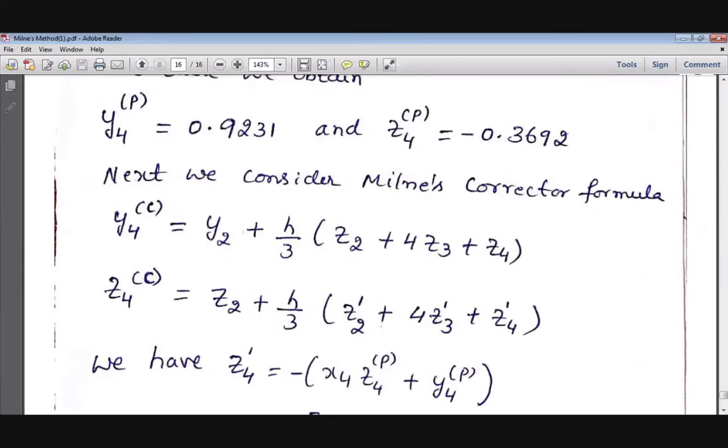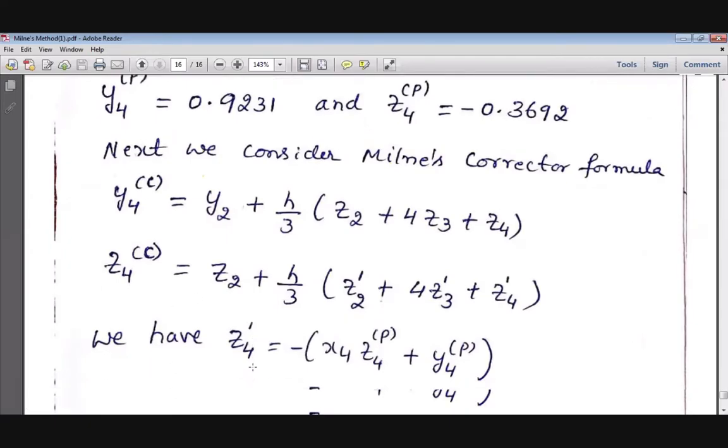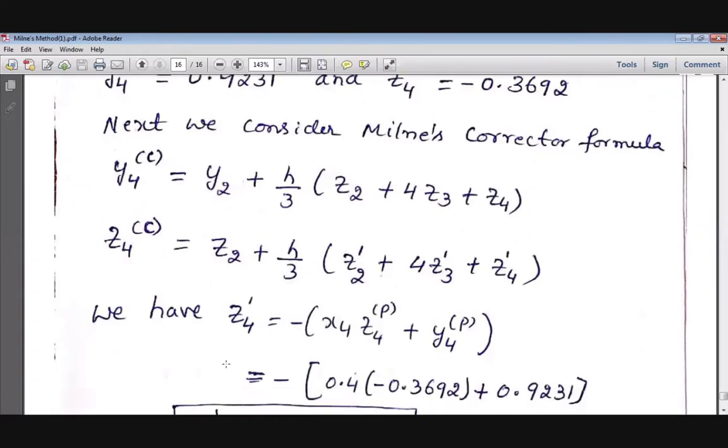Okay. So for this we need z4 dash. How to calculate z4 dash?